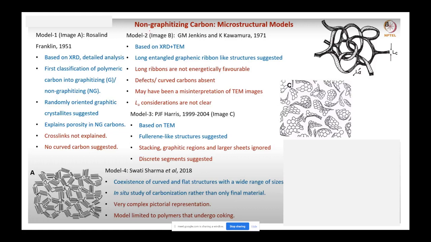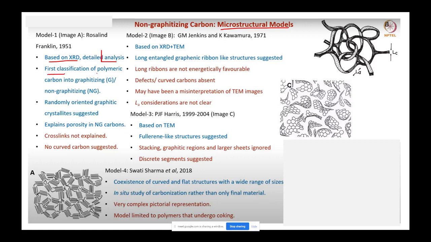So now, the non-graphitizing carbon microstructural models. Model one, in image A, was given by Rosalind Franklin in 1951, based on XRD analysis.